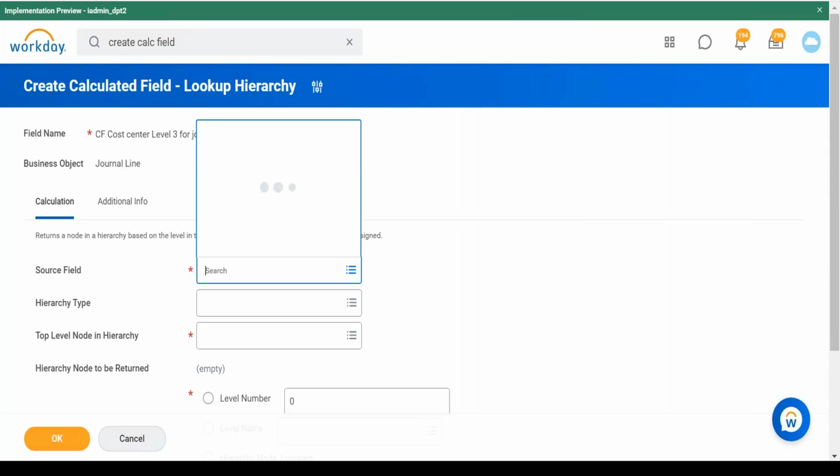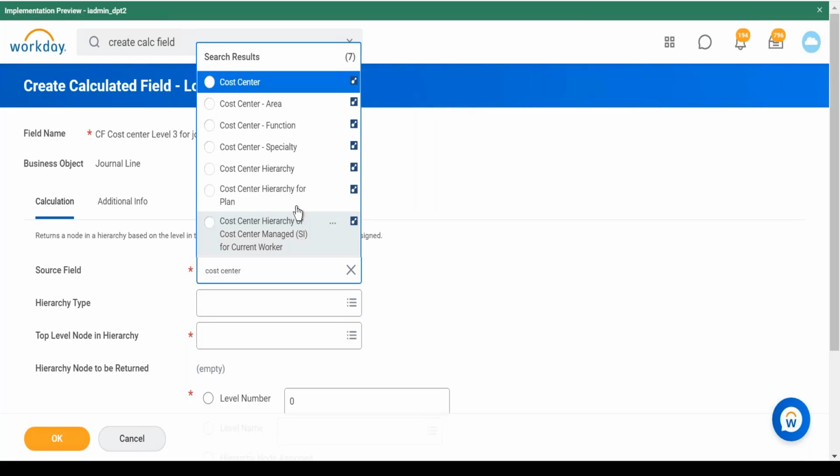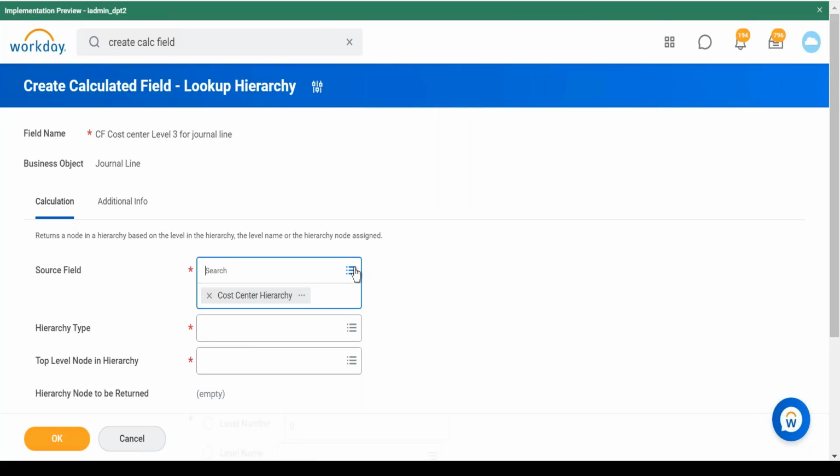So the source field here will be cost center hierarchy because I'm looking at the level 3 of the cost center hierarchy field. In case of organization hierarchy function, you will only see organization fields coming here. If they happen to be something like taggable, you can't build a lookup organization field for those particular objects. So you will have to use lookup hierarchy.